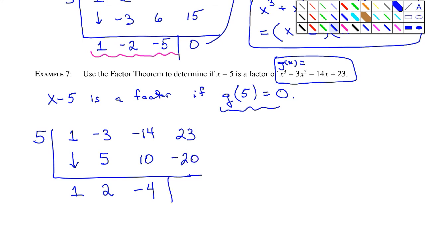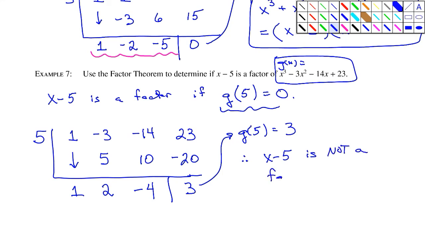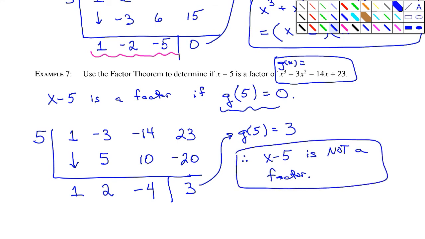And that has a remainder of 3. So g of 5 is equal to 3. Therefore, x minus 5 is not a factor. If it's not a 0, because it's actually equal to 3, then the term it came from was not a factor.